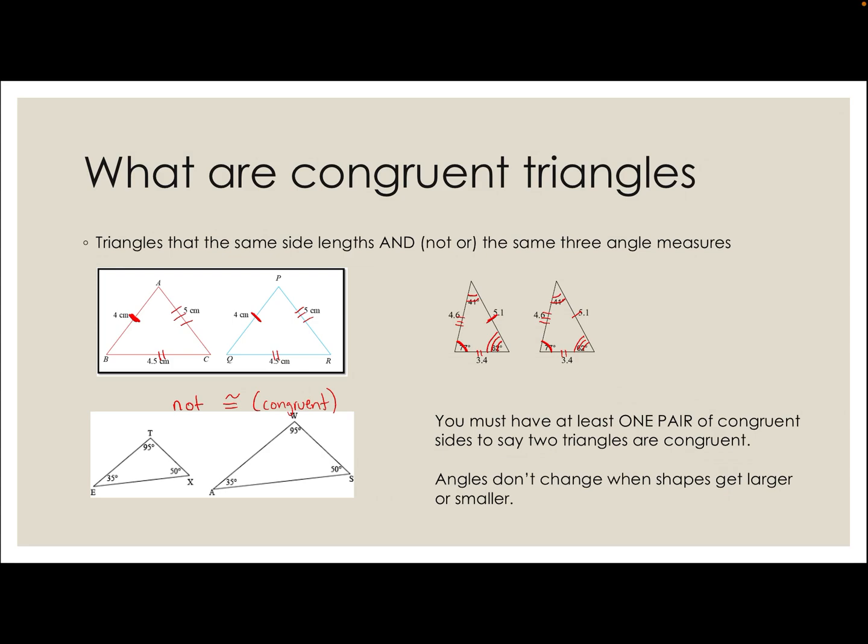It should be pretty clear that this triangle is the smaller triangle. And so they don't have the same 3 sides, I can spell larger, L-A-R-G-E-R. All right. So again, for triangles to be congruent, they have to have the same 3 side lengths and the same 3 angle measures, not or. As long as we have the same 3 side lengths, the triangles will be congruent.